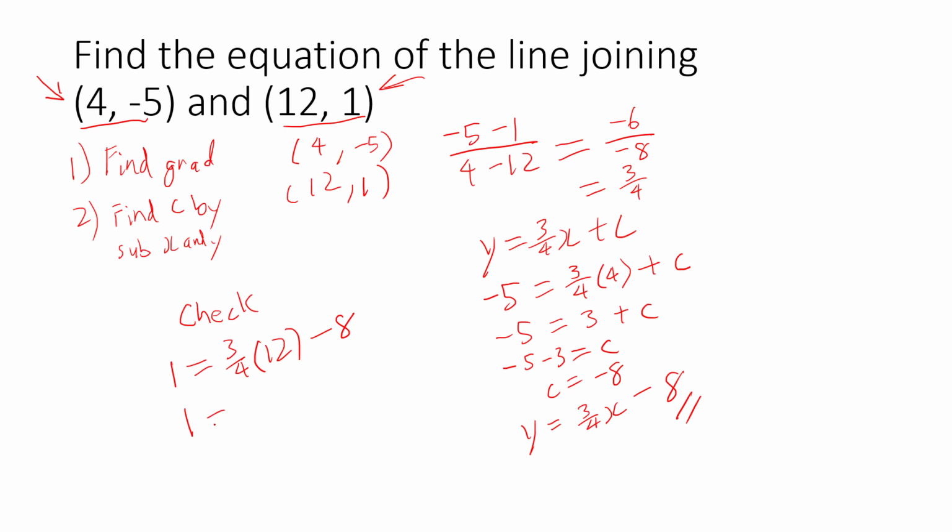So 1 is equals to 9 minus 8. Is this correct? This one is correct. So let's write correct. Yay! Smiley face. Yeah, let's move on.